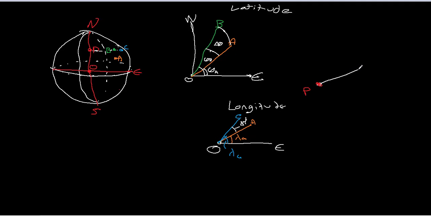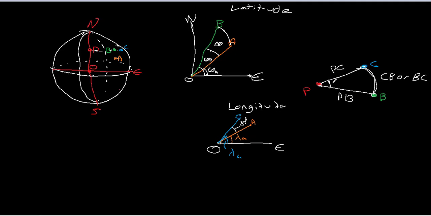We can extend it in this direction, and this is going to be point C. We can extend it in this direction here, and this is going to be point B. And you can imagine this is going to be some arc, which we will call CB or BC. So this is going to be PC, and this is going to be PB.